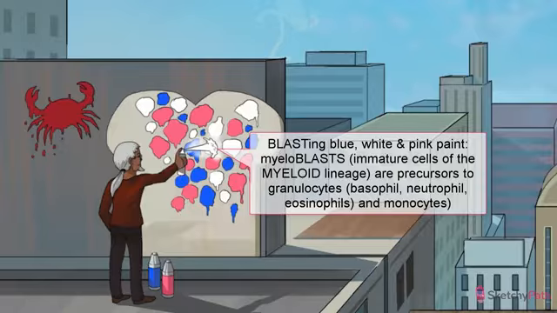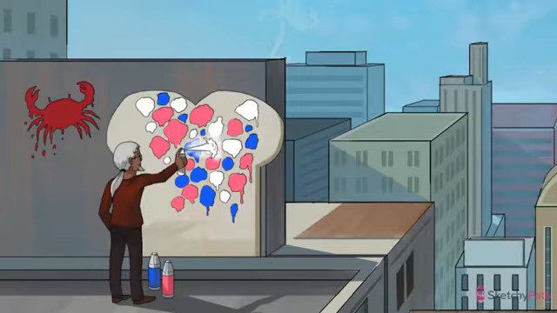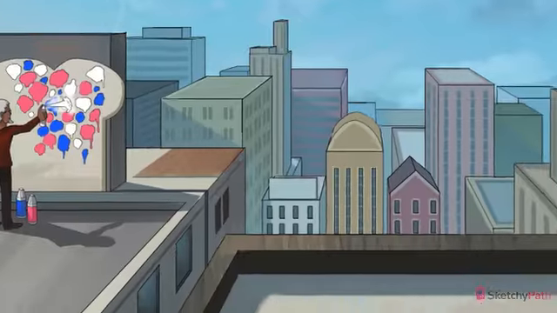Those immature, irregularly shaped splotches of paint are going to be our recurring symbol for immature cells getting pumped out into the circulation before they're fully formed. And because AML specifically involves myeloblasts, which are precursors to granulocytes, we've made the splotches blue, white, and pink to remind you that we're dealing with a basophil, neutrophil, and eosinophil progenitor cell. This disease progresses rapidly, which is why it's called acute.